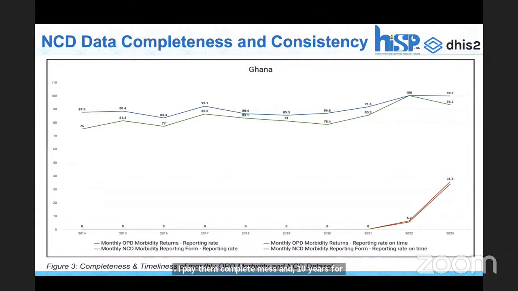And so that is the major source of NCD data on the national HMIS. The new custom ones, that is the NCD-specific data sets for morbidity and for screening, were only developed somewhere in 2022, and these are not fully deployed across the country yet. And so it's averaging around 5%.